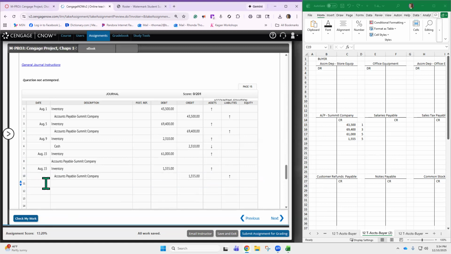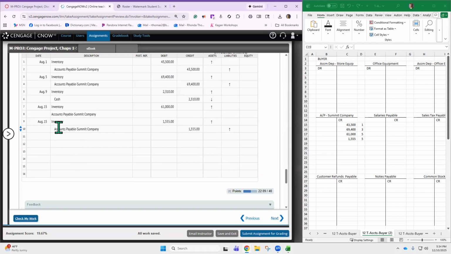Now let's test it. Okay, we just completed August 15th from both sides. Let's just see where we're at after we're done with August 15th, as far as I know. If we have to fix something, it'll probably be combining these into one.